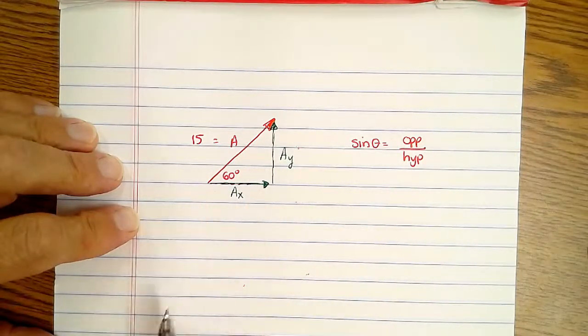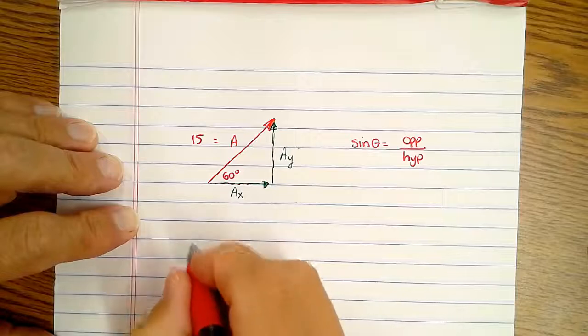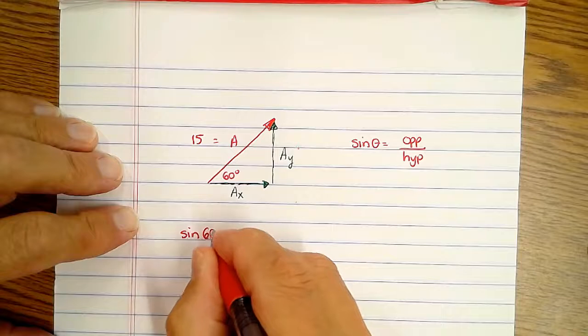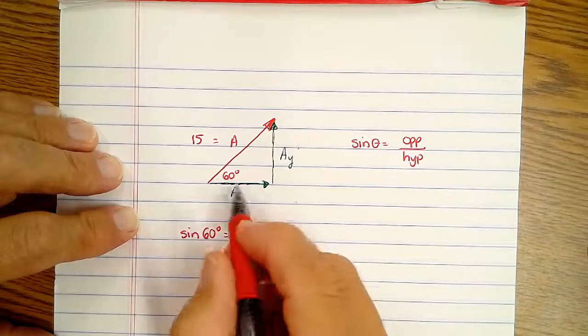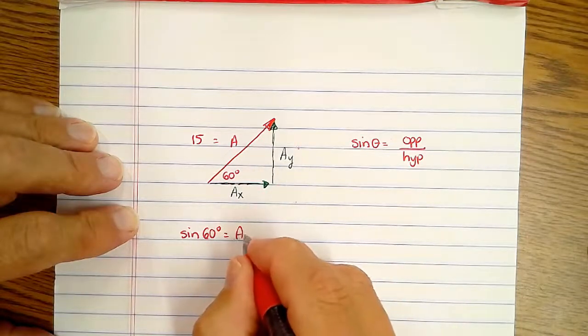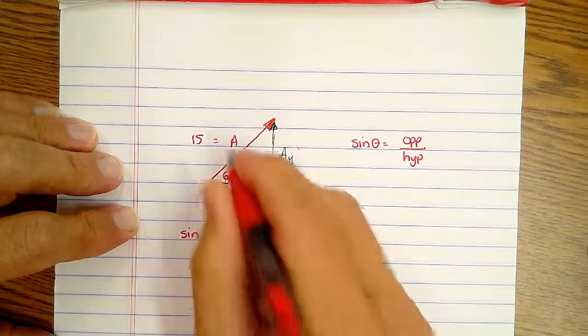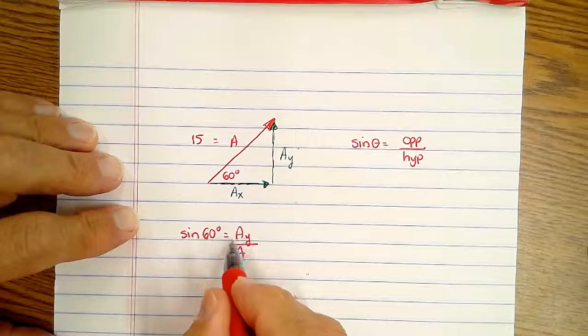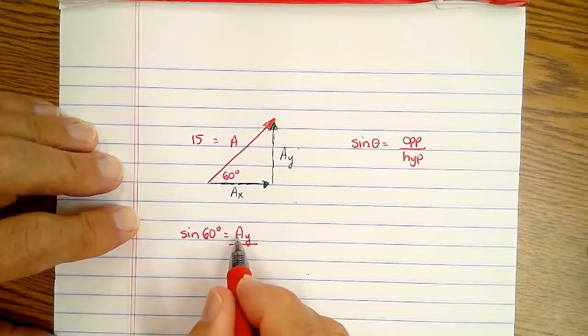In this case, what that means is that the sine of the angle, the sine of 60 degrees, is equal to the opposite side, which is the vertical component of the vector, divided by the hypotenuse, which is just A. So if I want to know the vertical component of the vector, I'm just going to solve this for A_y.